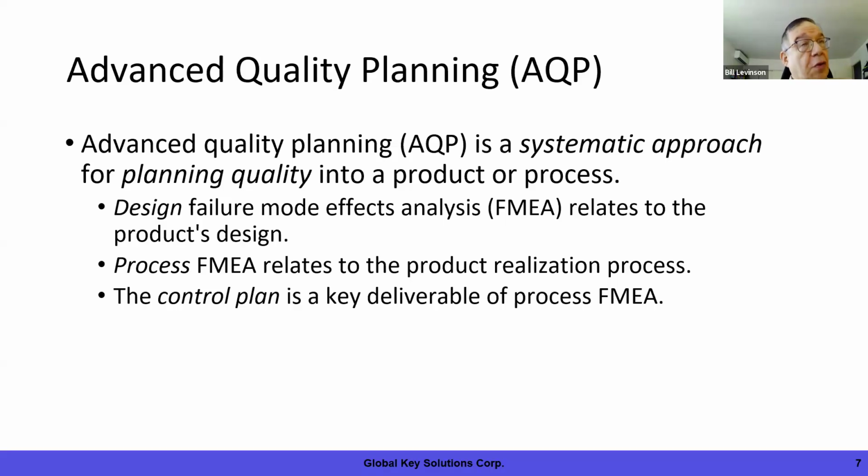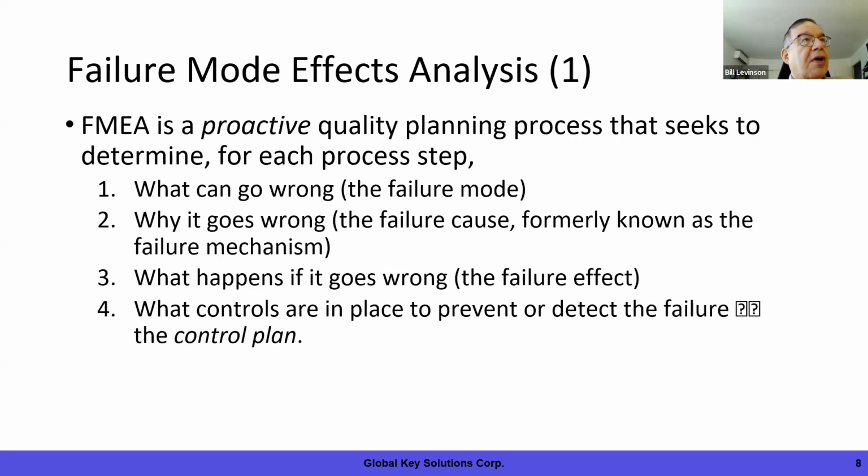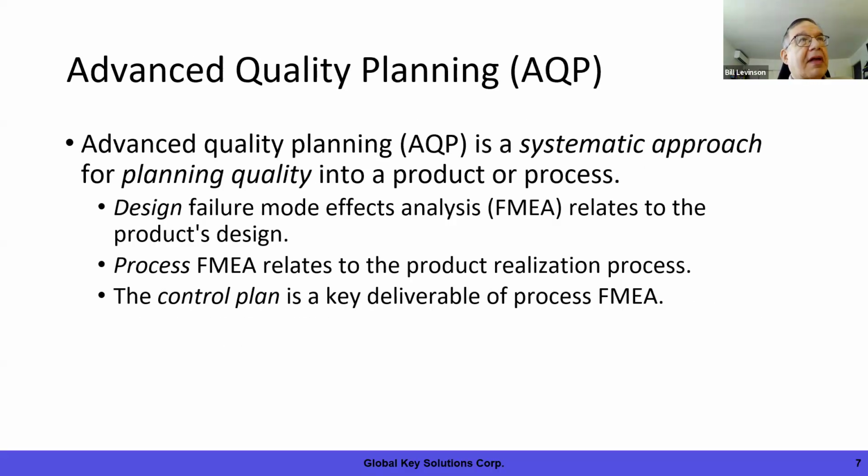It's mandatory in automotive, and something I noticed is it doesn't seem to get as much attention in pharmaceutical as it should. Apparently it's not mandatory, although the FDA does recommend it as one approach. The control plan is a key deliverable of the process FMEA. Okay, next slide.